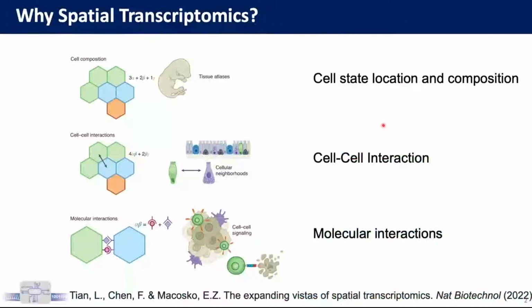So why do we need these very high resolution spatial transcriptomic approaches? With spatial technologies advancing in their capabilities, we are able to ask further questions. Some of those I've listed here from a very good review article published in Nature Biotech last year from Evan Macosko's group.